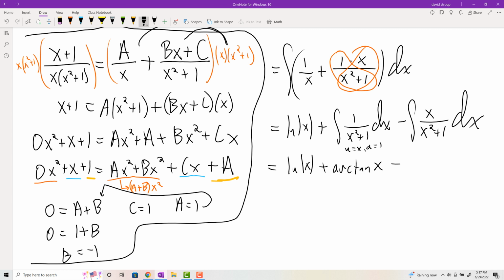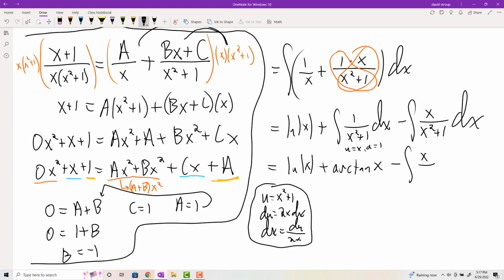Minus then this other guy. And this other guy you're going to have to do another u sub. So u is x squared plus 1. And du will be 2x dx, and then dx is du over 2x. So it'll be minus the integral of x over u times dx, which is du over 2x. Okay.